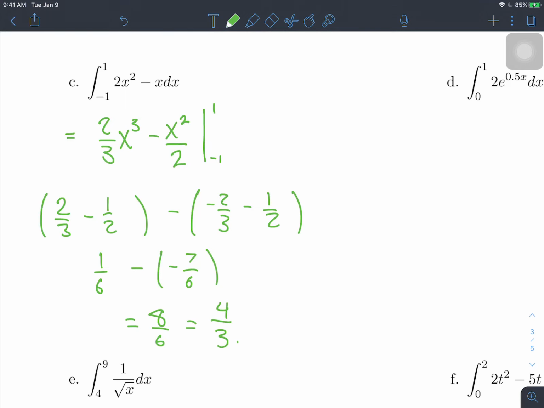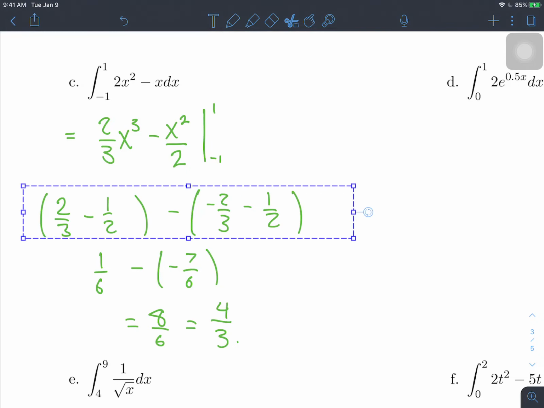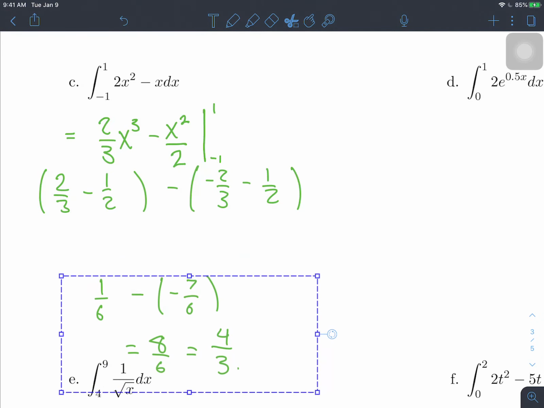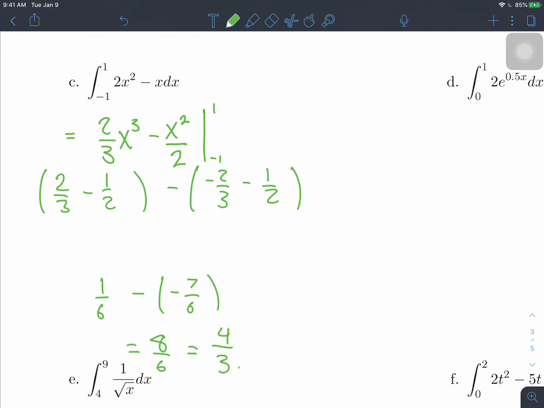Did I make a mistake? I might have. I don't think I did, but all I did was get a common denominator on each of those. Let me actually write what I did. I multiplied 2/3 times 2/2 to get 4/6.